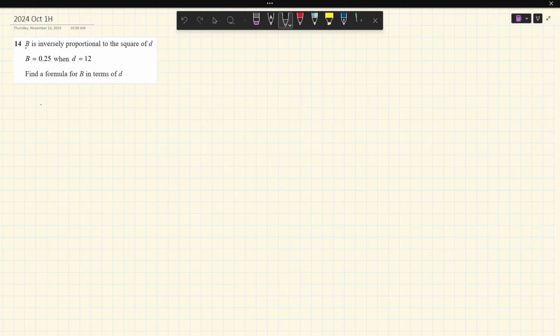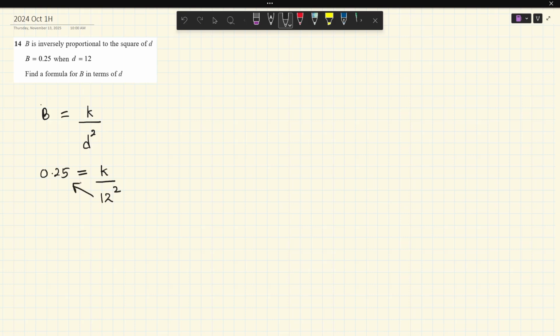Question 3. B is inversely proportional to the square of D. B equals 0.25 when D equals 12. Find a formula for B in terms of D. B is inversely proportional, that means B equals K over D squared. B equals 0.25 equals K over 12 squared.